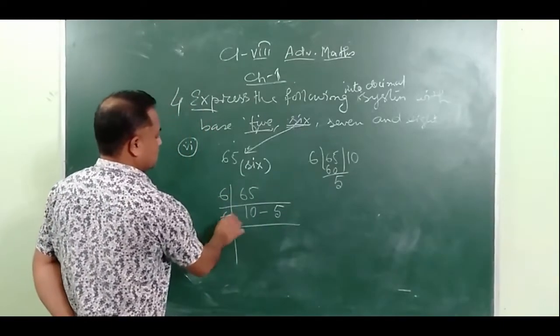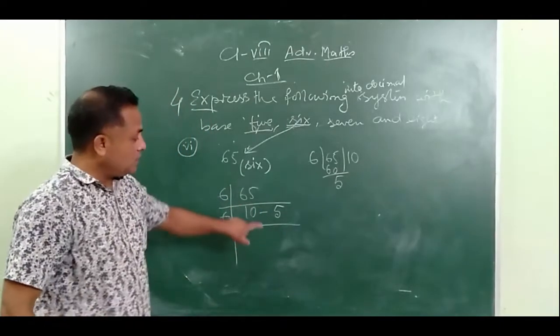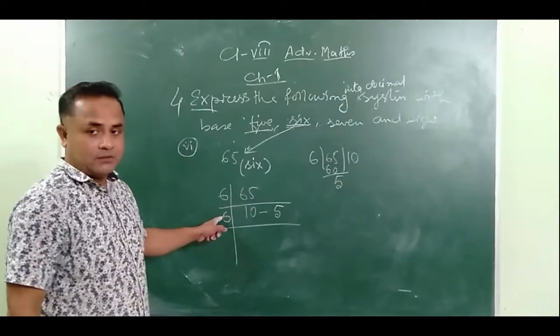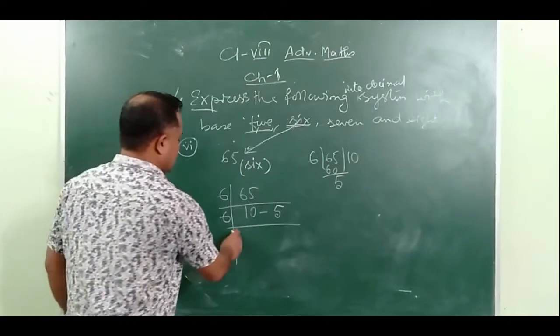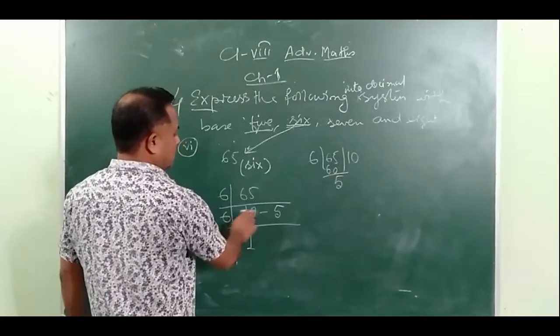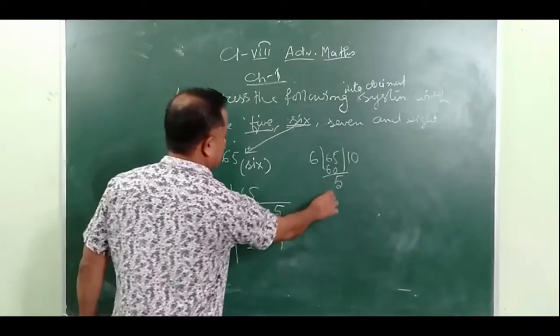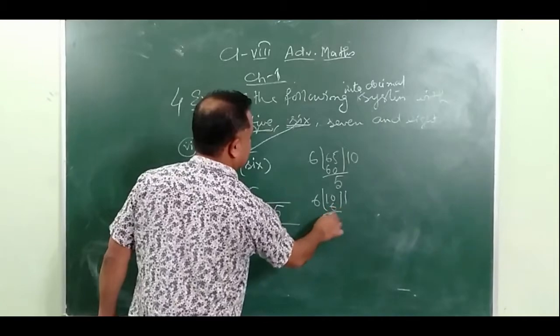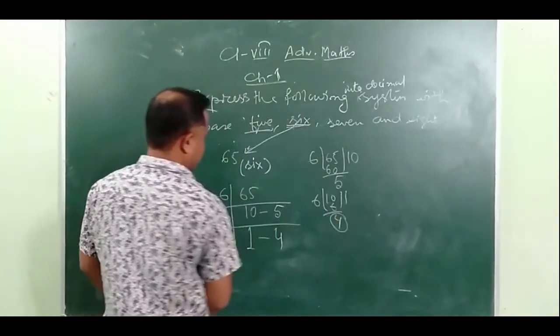Again, since this quotient turns into a dividend, and this dividend is greater than the divisor, we can proceed further. So how many times does it go? 1 time it goes, and the remainder is 4. 10 divided by 6, 1 time 6, the remainder is 4.